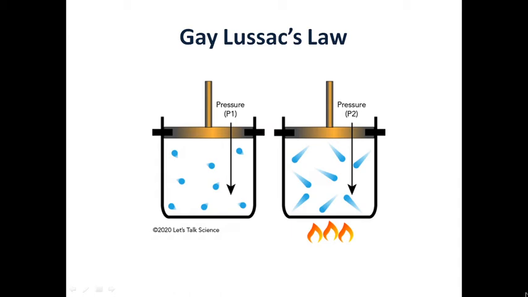In the right hand side we are applying heat from the bottom, and you can see there is a higher movement of the particles in the right hand side just because of the higher temperature. So if we are increasing the temperature, that will increase the kinetic energy of the molecules, and just because of higher kinetic energy, these molecules will hit the walls of the container with greater number and with greater force.